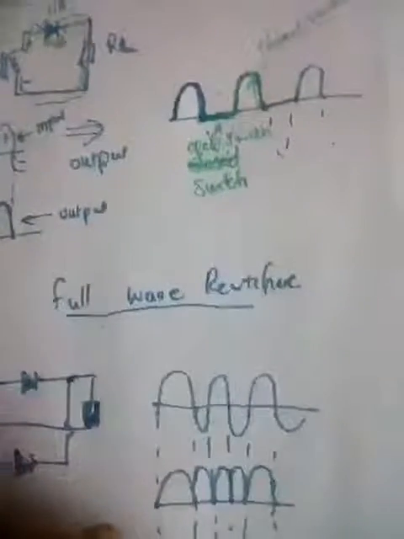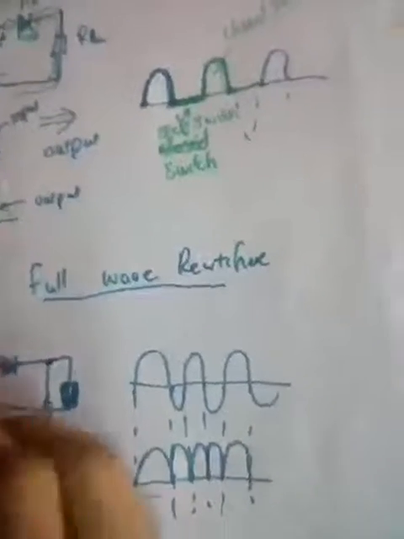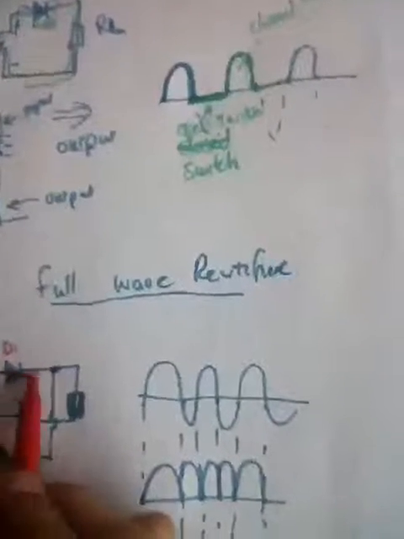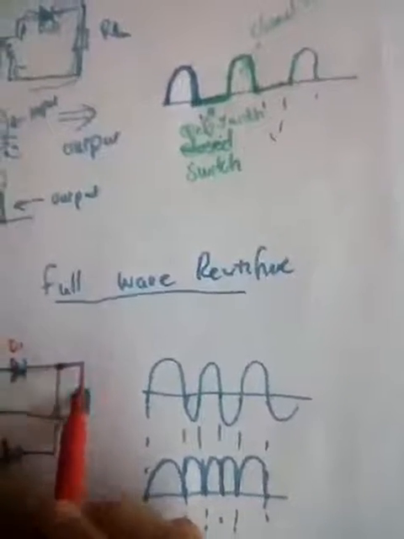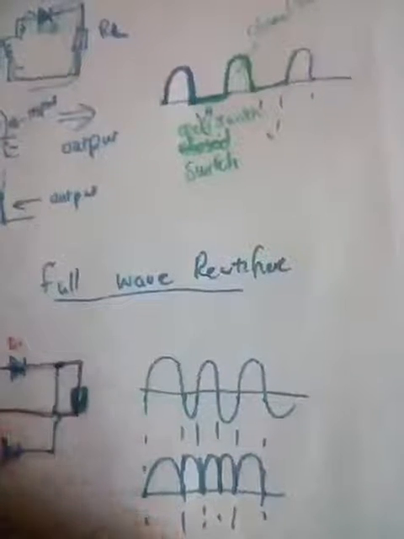How does that happen? If you look at this positive cycle, you will see current flowing through diode 1. Diode 1 is forward bias, current flows through that, and it goes right down into the tap.